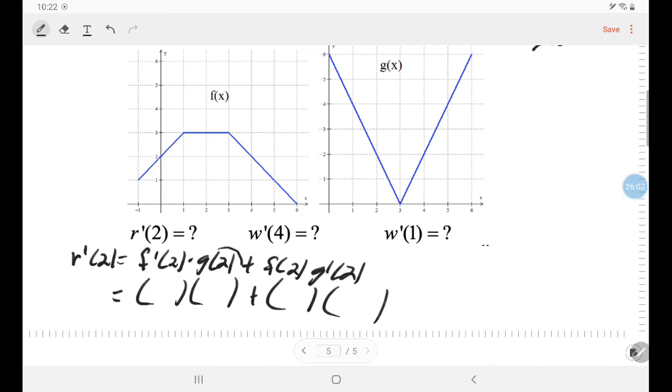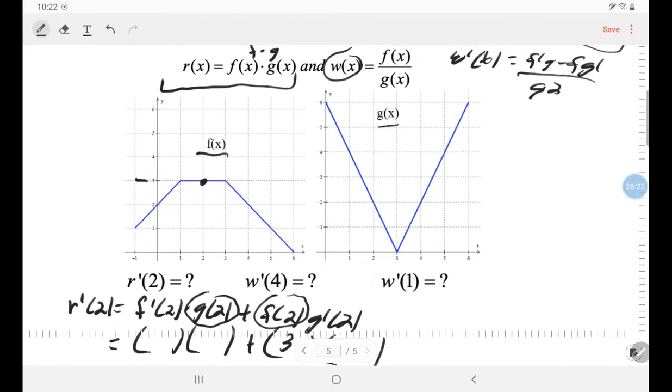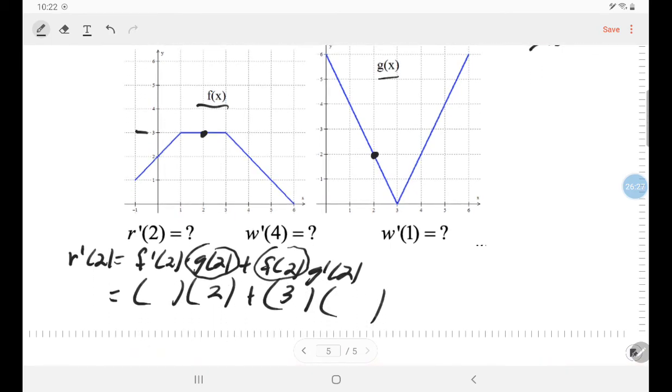Again, when I say g and when I say f, remember I'm looking for y values. So on the graph of f at 2, right here, I have a y value of 3. So f of 2 is 3. Over here, g of 2, here's g of x. G of 2 has a y value of 2.